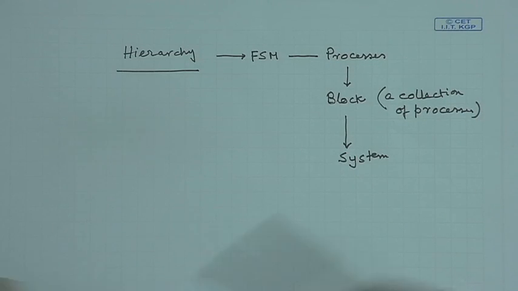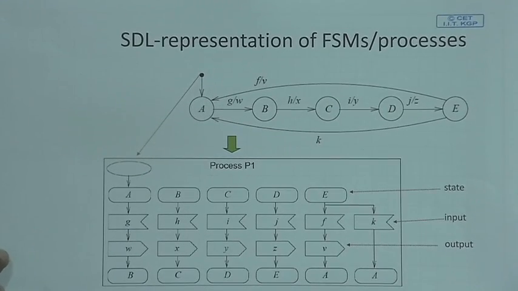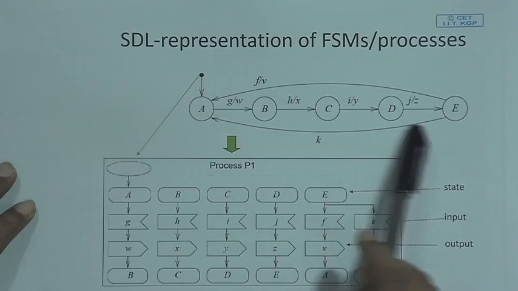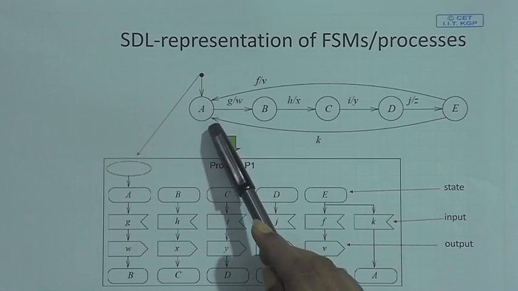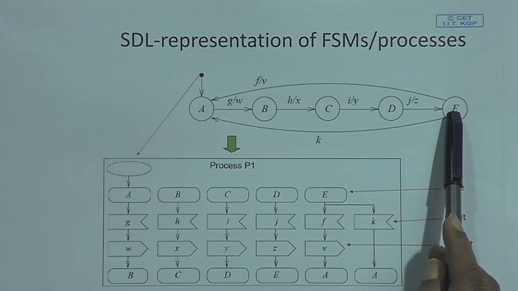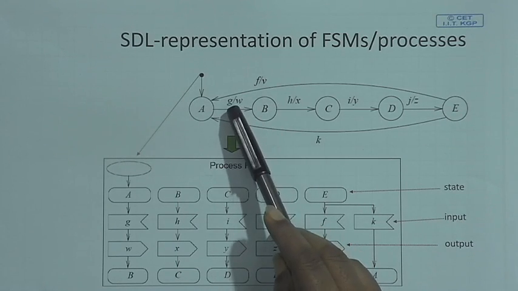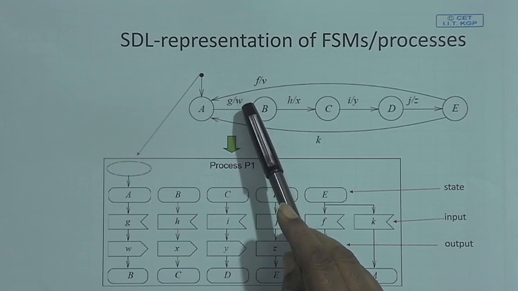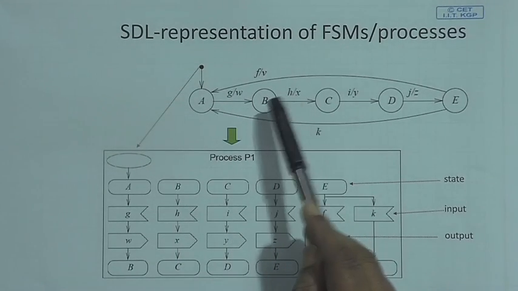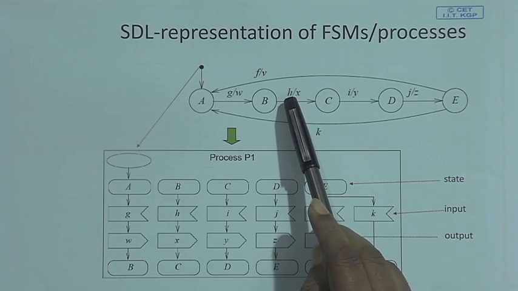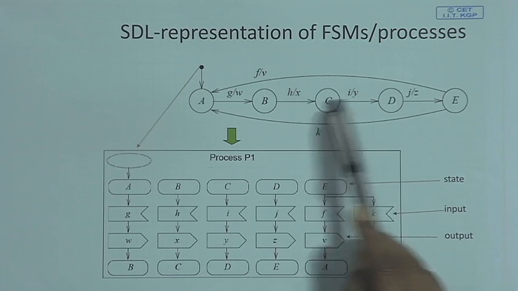Now, let us have an example of an SDL representation of an FSM. This is the typical FSM that I have. We have already seen this example FSM a number of times in earlier examples. So, A to B, the transition takes place on event G and the output is W. From B to C on event X, the output is X, like that.